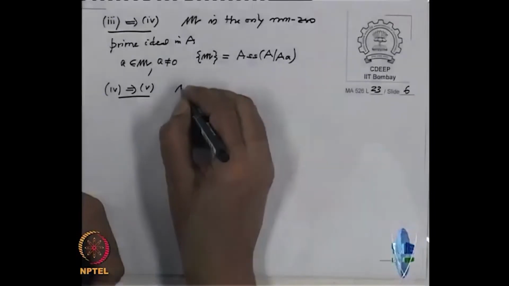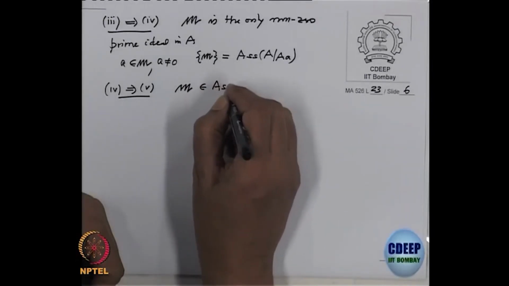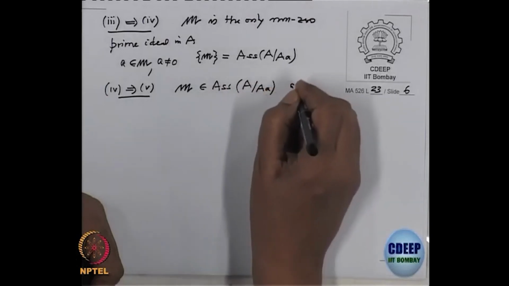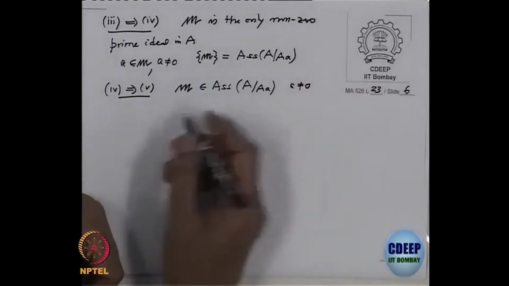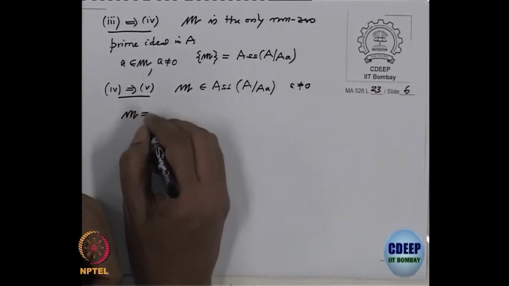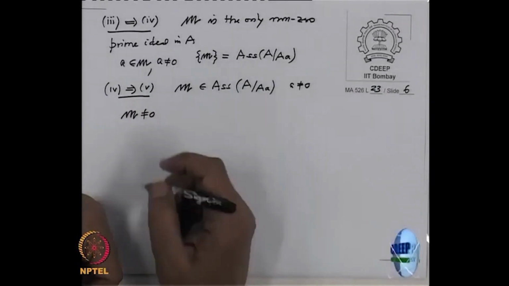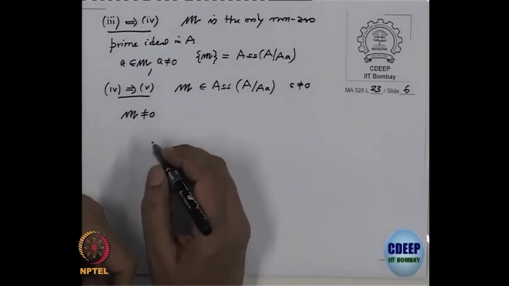We know the maximal ideal is associated to some non-zero element of A. So, in particular M is non-zero, because it contains this a which is non-zero.